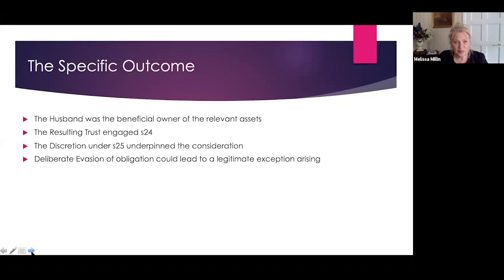It was held that the husband was indeed the beneficial owner of these relevant assets, and that was as part of a resulting trust, which did indeed engage Section 24, but the discretion was what underpinned the consideration.